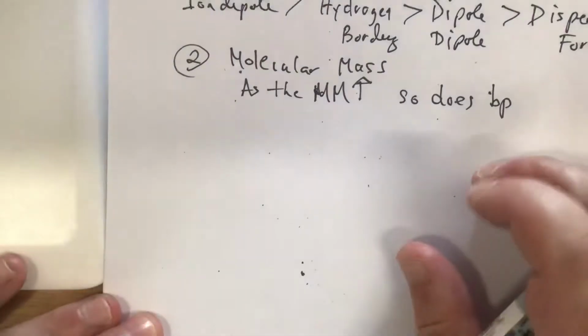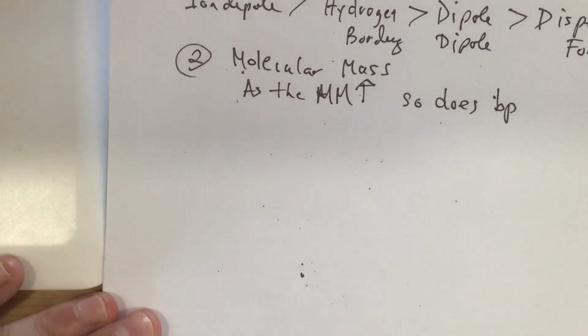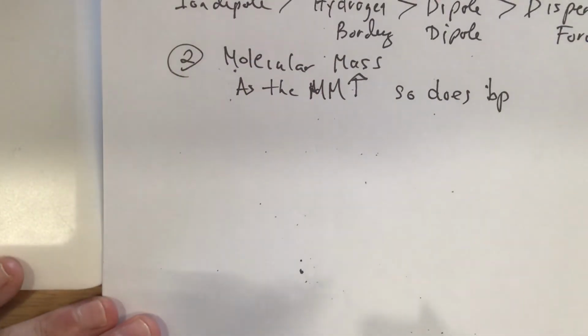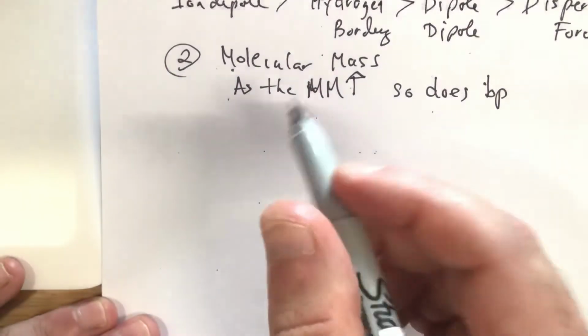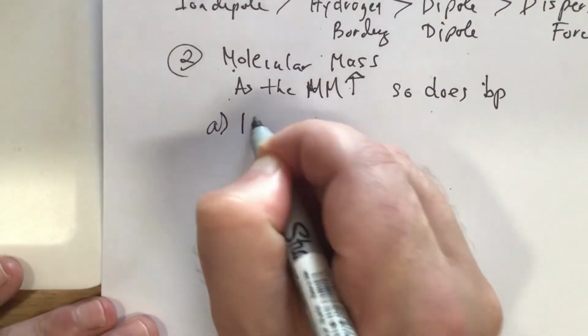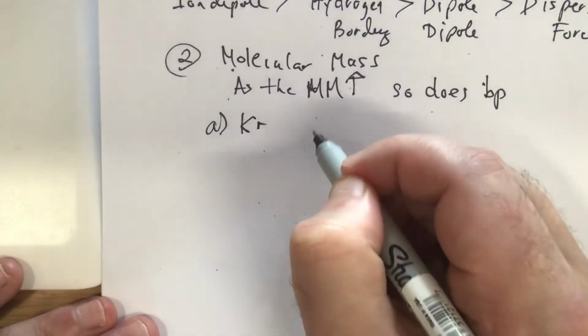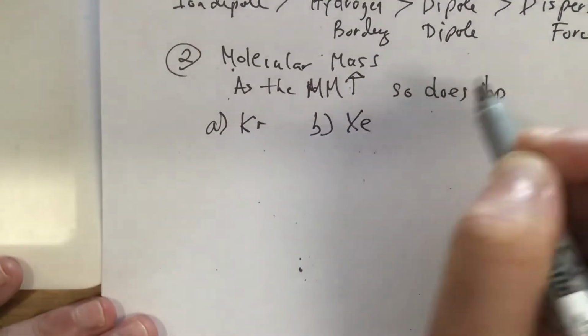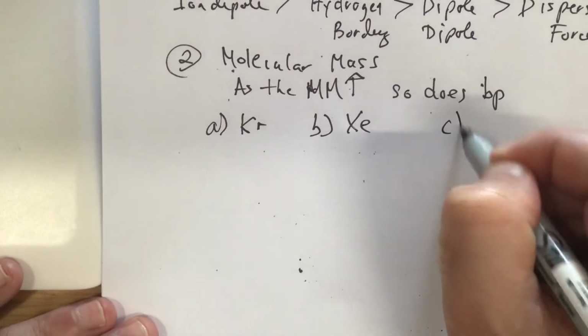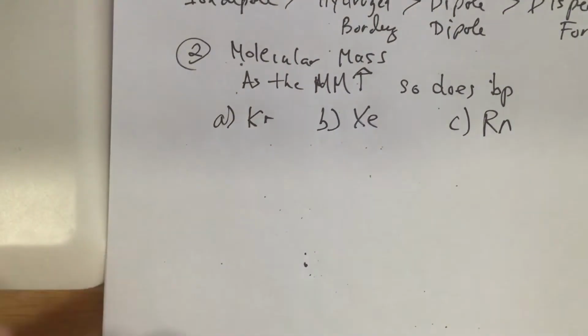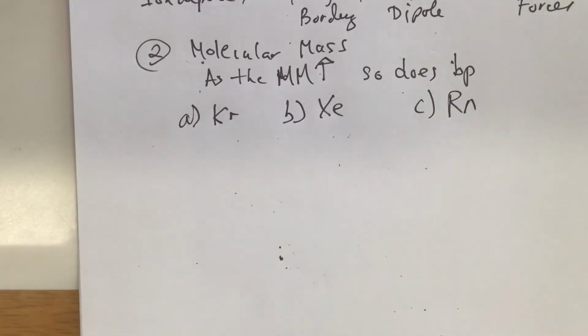So let's look at what we have. We have three noble gases: Kr, krypton, B for xenon, and then C for radon. The first thing we need to consider here is, what are the intermolecular forces at play?